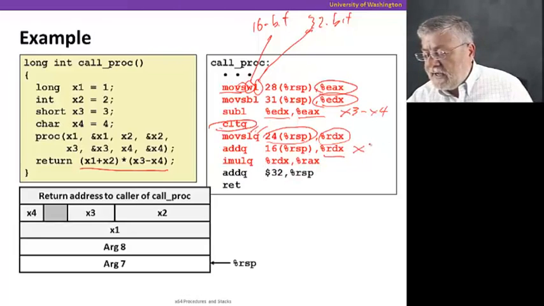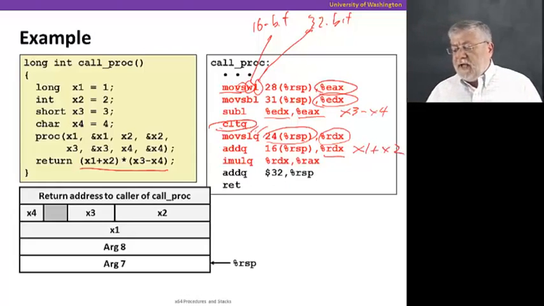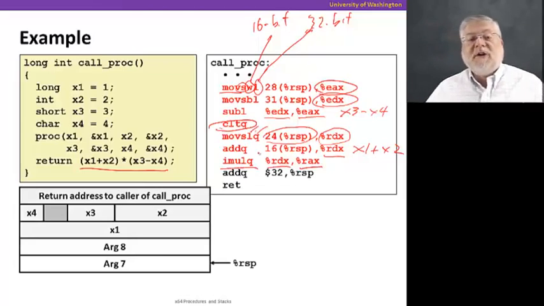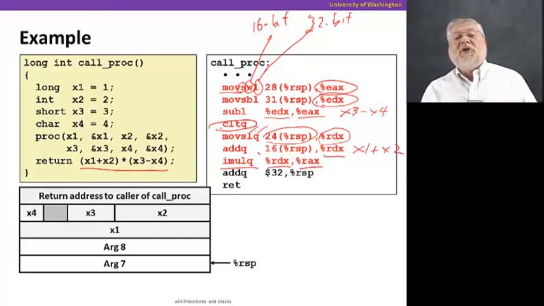So here we will have x1 plus x2 now as the result. Finally, we take those two registers, RAX and RDX, and do a multiply instruction to compute the final result. Okay, the result is placed into RAX, ready to be returned. Remember, we put the return value in the RAX register.